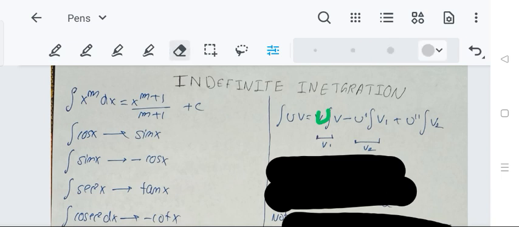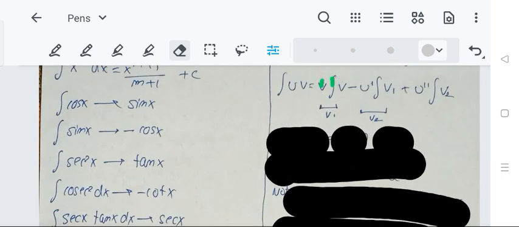So it says the first term multiplied by integration of the second term, this whole term is known as v1, and minus u dash times integration of v1, now integration of this term is known as v2, and similarly the process goes on. But the process is not very long, mostly in the second or third term it becomes 0. If you don't understand, then let it be.